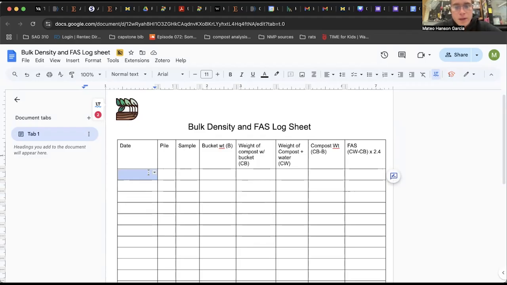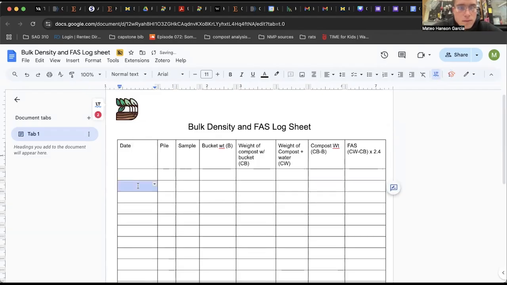I'm plugging in the date, 08/28/2025. Say pile 1, sample 1. I don't expect you guys to take more than 1 sample per pile. Although, if you think your pile's not mixed correctly, or if you have a super large pile, it might be worth it to take multiple samples. But it's really up to you guys.